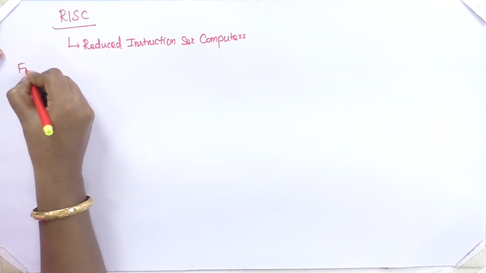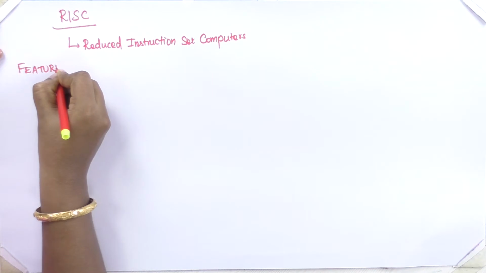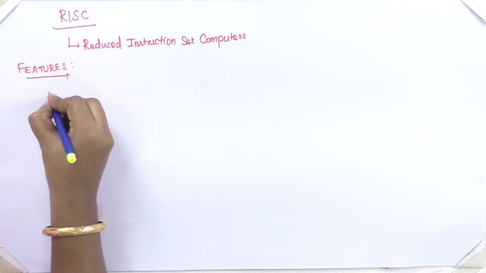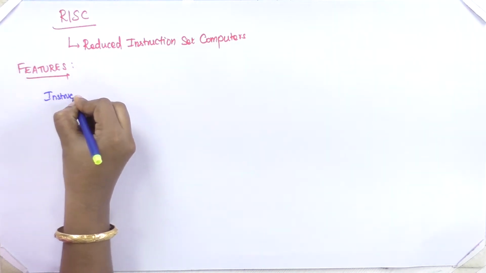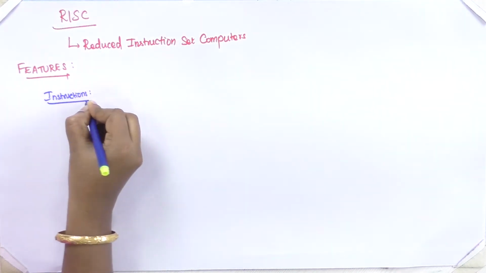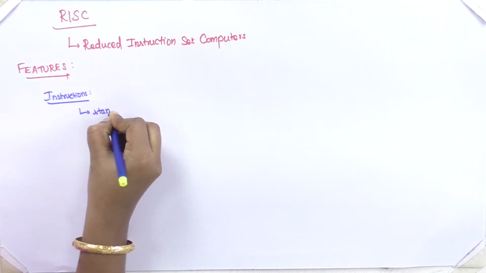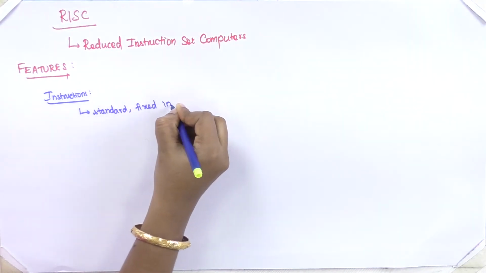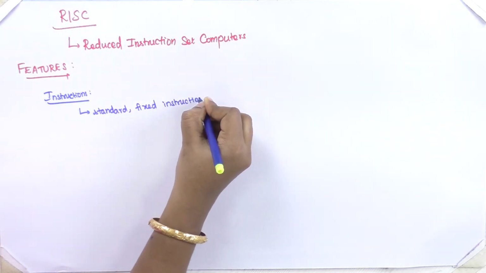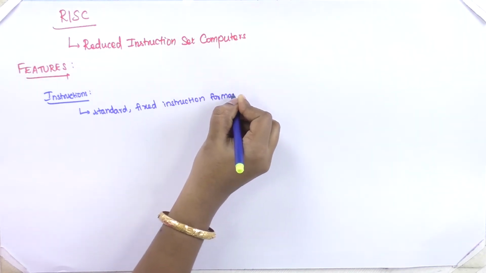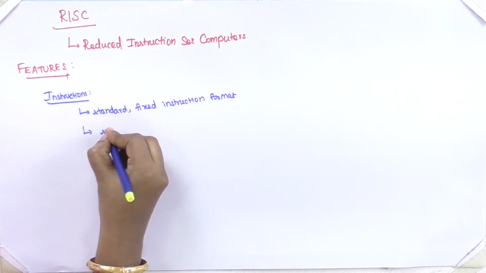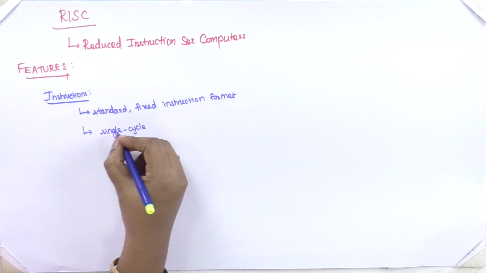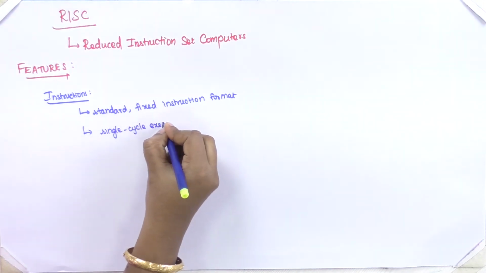Now let us see the general features of RISC architecture. Coming to the instructions, the instructions are of a standard fixed instruction format. All the instructions will execute in a single cycle, so single cycle execution of instructions is available.